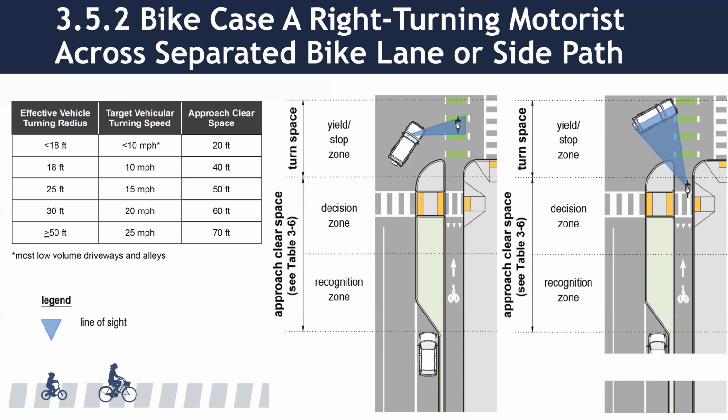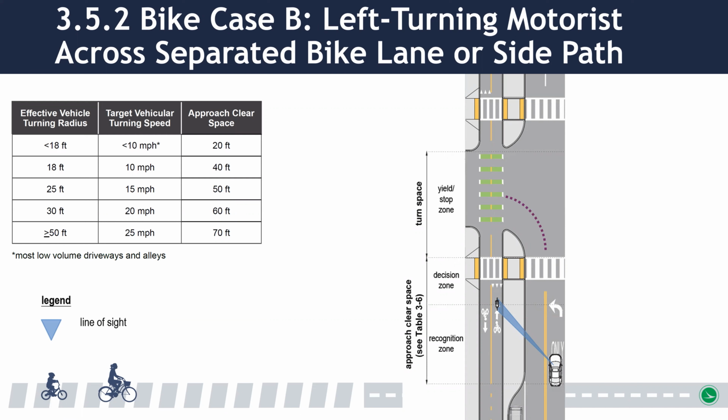If a car can turn fast around a large intersection corner, then they won't be slowing as much as they approach a typical intersection. This would then require more approach clear space. By contrast, if you provide a small effective turning radius at an intersection, then you end up needing less clear space on the approach because that motorist is already slowing to a lower speed at the intersection.